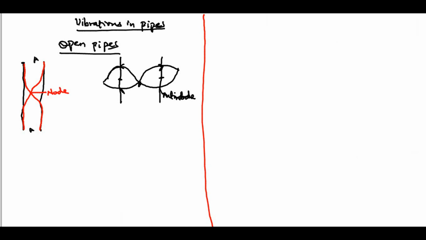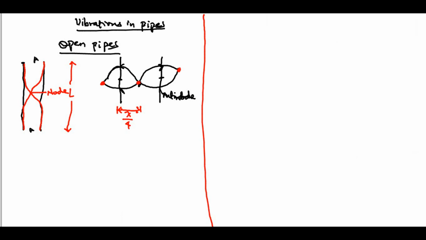Okay, so now when we look at the length, this is the length of the pipe. So what exactly is the length of the pipe in terms of the wavelength? Well, from this point to this point is lambda over 4, because from this point to this point is half wavelength, and from that point to this point is also half wavelength.